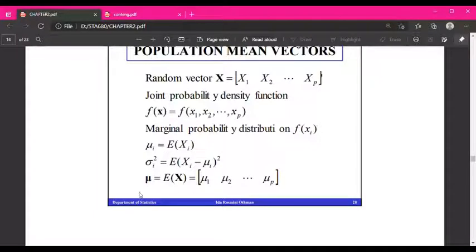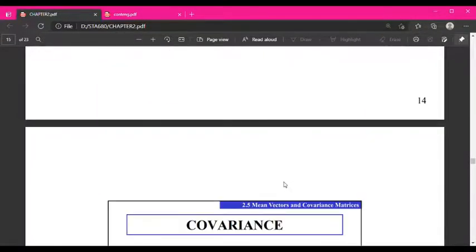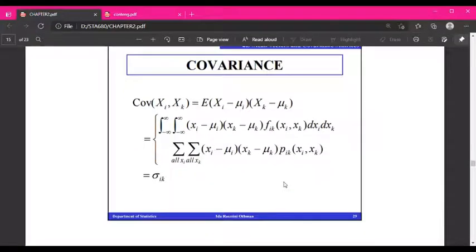The notation for the mean matrix will be like this, a matrix of 1 by p. And then the covariance. Before this, you already knew how to find covariance for one random variable.